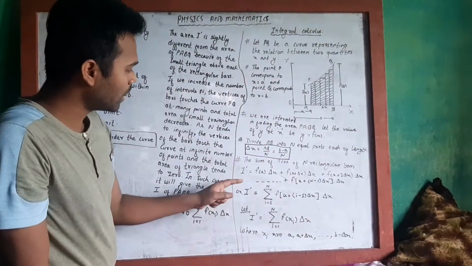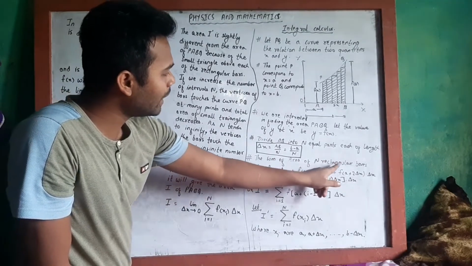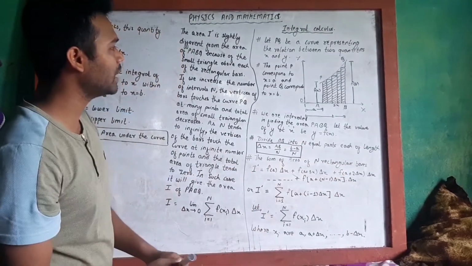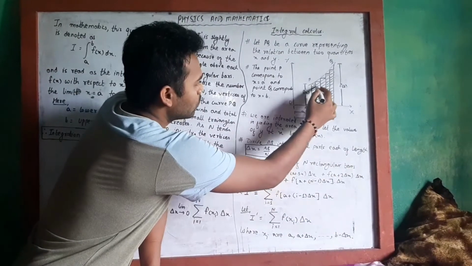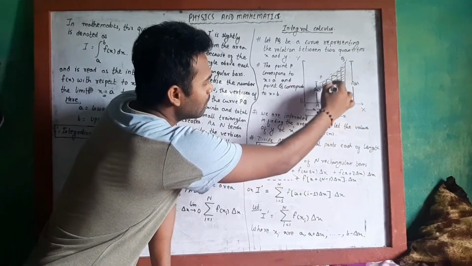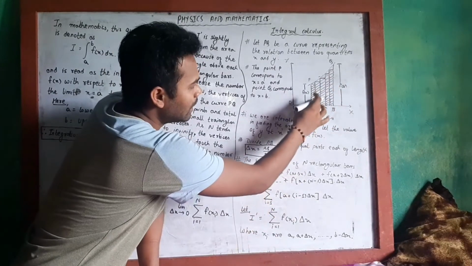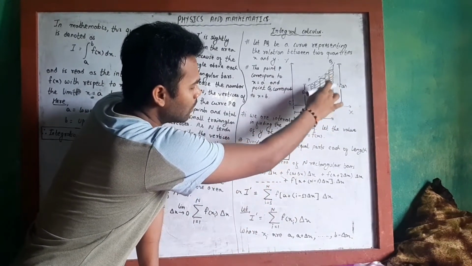Okay, now let's move to the next point. The sum of the area of n rectangular bars. Here is one rectangular bar. In this way we will get the n rectangular bars, and I have shaded these n rectangular bars here.